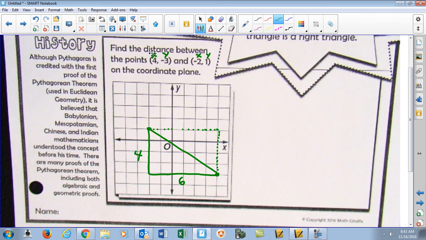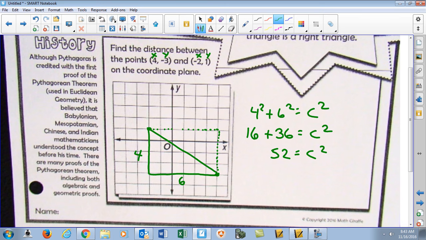Still the same thing. So 4 squared plus 6 squared is going to equal c squared, because our diagonal is always the hypotenuse. So 4 squared is 16, and 6 squared is 36, so 16 plus 36 is 52.